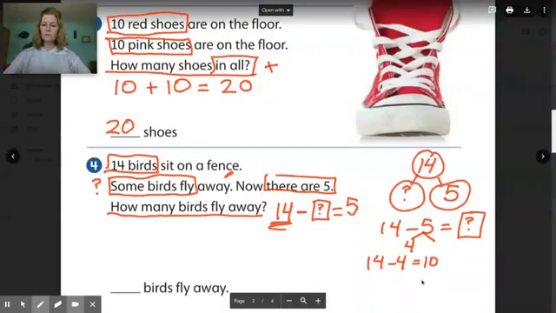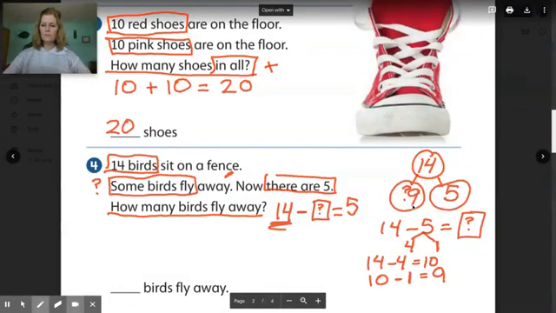This is nothing new. But if I only take away 4, I'm not done yet. I have to finish this number bond. So 4 plus what equals 5? 1. So I still have to take 1 more away. So I'm at 10. 10 minus 1 more equals what? 10 minus 1 equals 9.